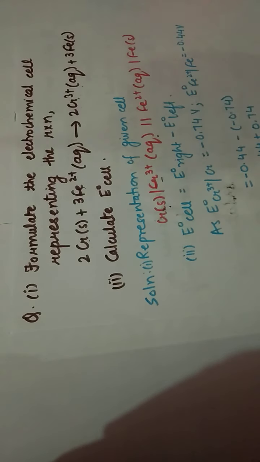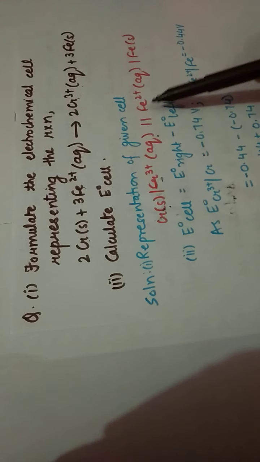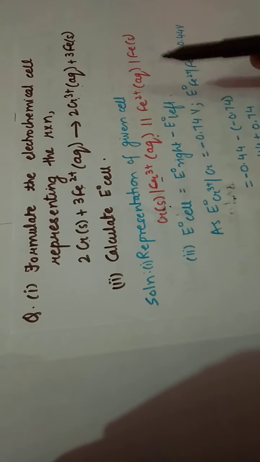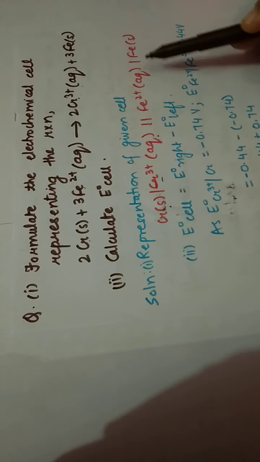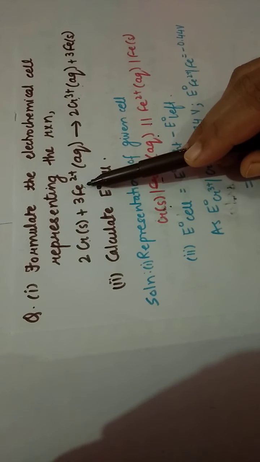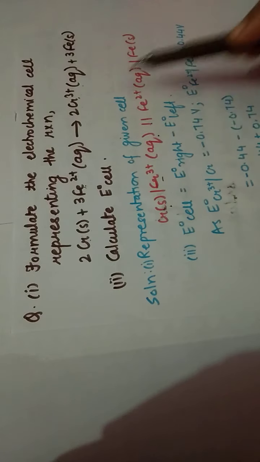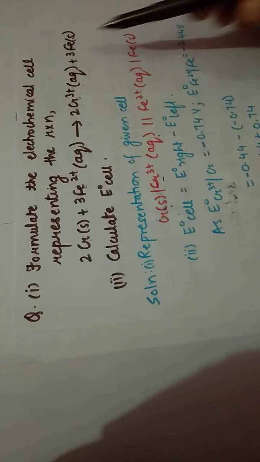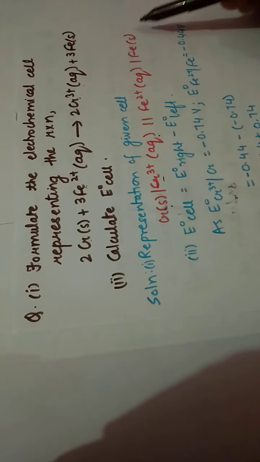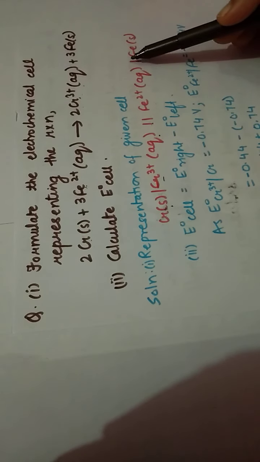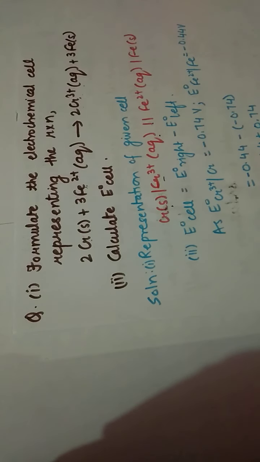The salt bridge is represented by a double vertical line. And now we are going to write down the cathode. Children, first we write the ion. The ion is Fe2+, aqueous is the state, and then the metal Fe, solid state. These two are separated by a single vertical line. So this is how we are going to represent this cell.